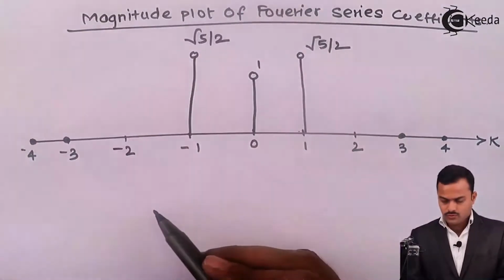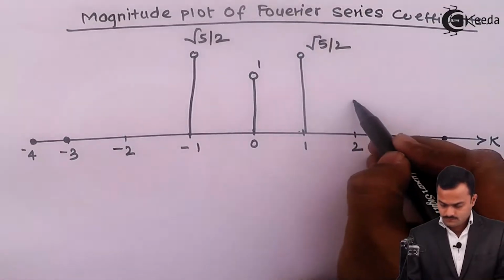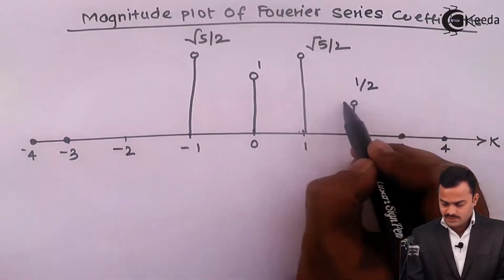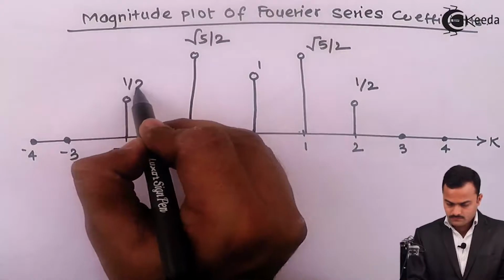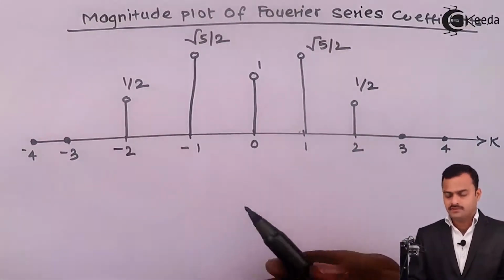For k equal to 2, it is half, and same will be the answer for k equal to -2. So this is a magnitude plot of a Fourier series coefficients.